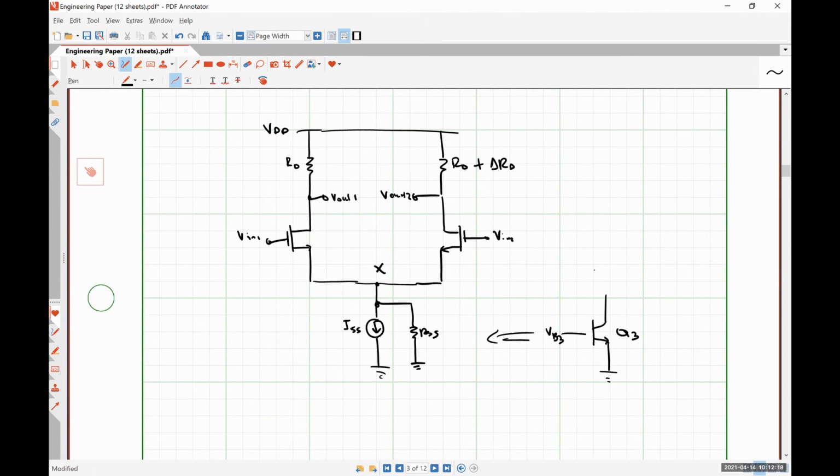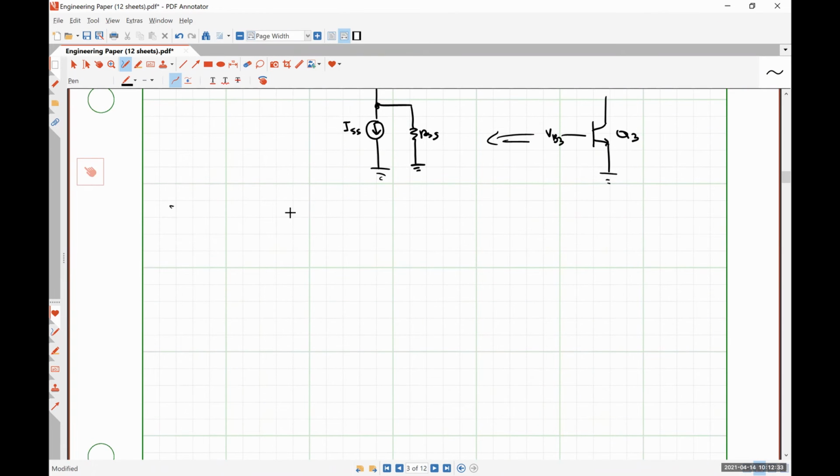So the output resistance is the same regardless of whichever transistor you input, right? No. So you're talking about a cascode amplifier.